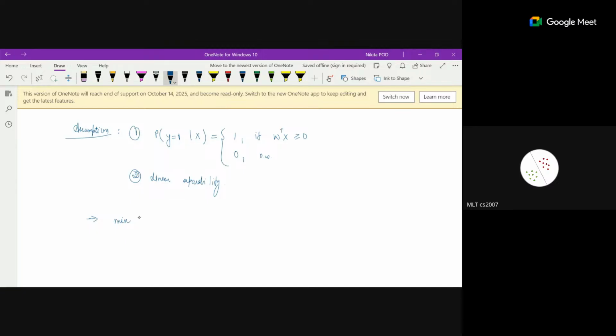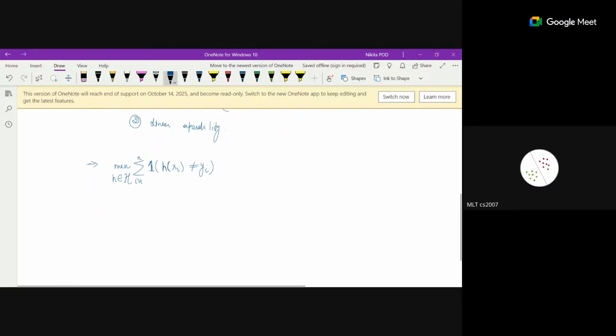This loss function is defined as the summation of the indicator that h of xi is not equal to yi, where h is the model that we learn, and h belongs to the hypothesis class H. We had seen that this is a very difficult problem to solve, and we call this an NP-hard problem, right?